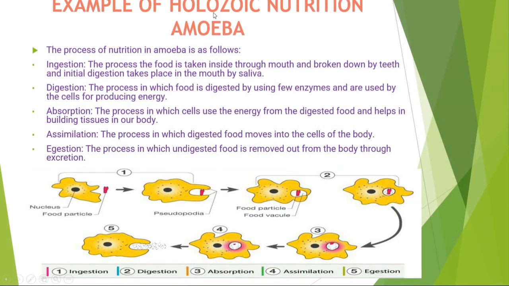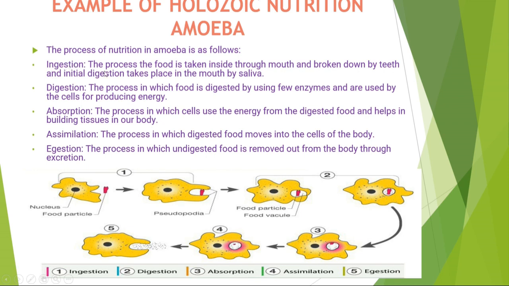If we take an example of holozoic nutrition, it is amoeba. So in amoeba, what kind of process of nutrition is taking place? We have ingestion, digestion, absorption, assimilation and egestion.